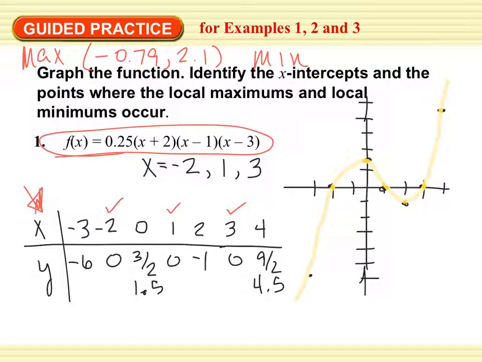My minima is going to be 2.1, -1.0. And that makes sense. 2.1, -1.0, and -0.79, 2.1. It must go up and then back down, up here.